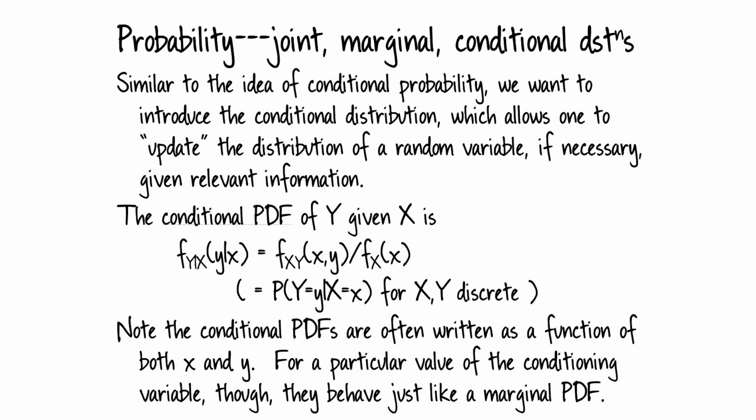Now we'll move on to talk about conditional distribution. Similar to the idea of conditional probability, we want to introduce the conditional distribution now. And basically, the conditional distribution allows us to update the distribution of a random variable if necessary, given relevant information.